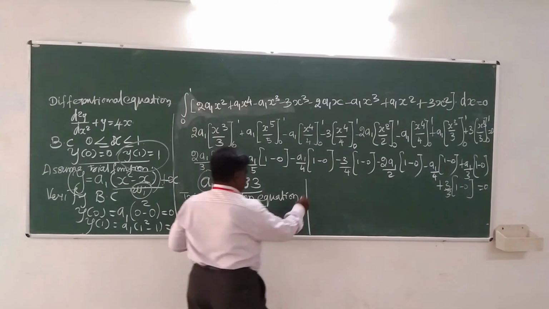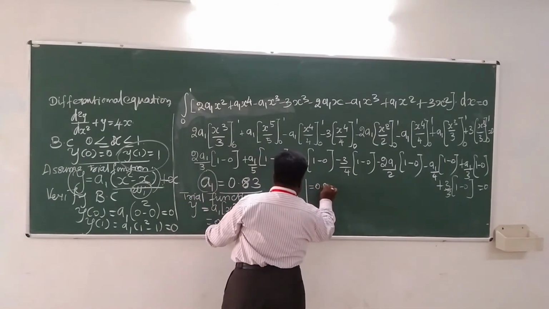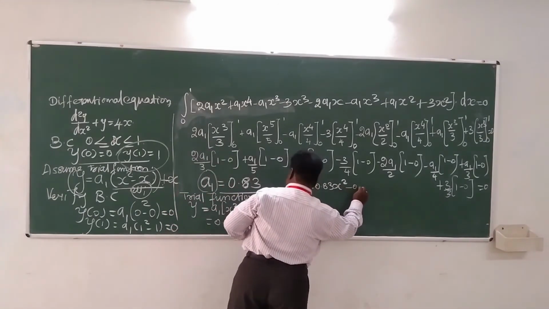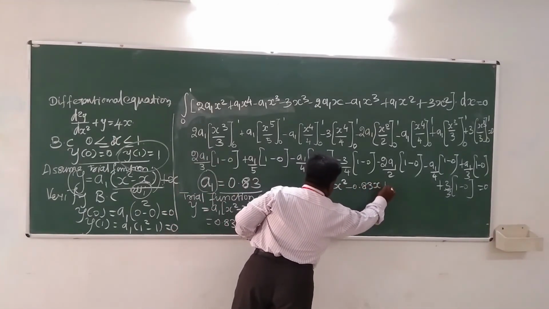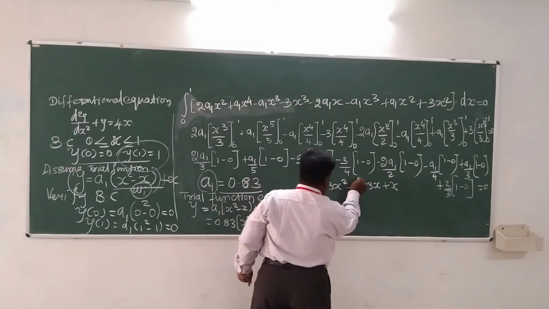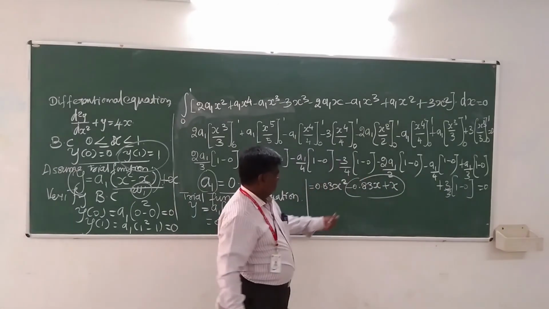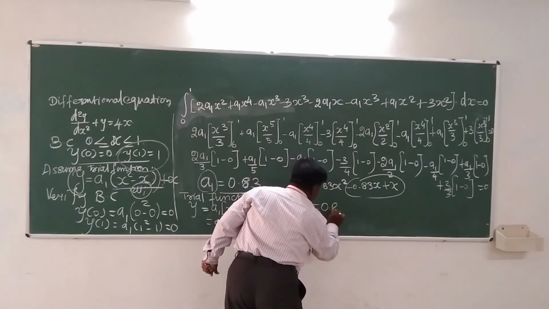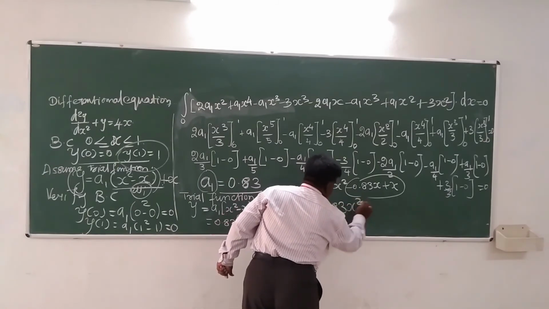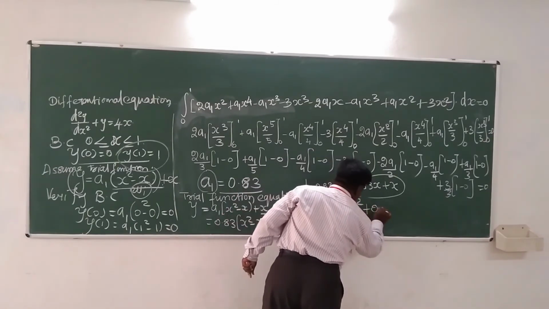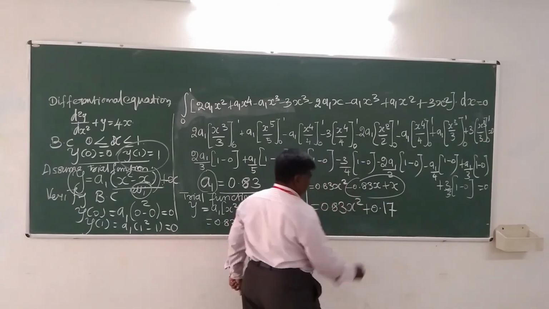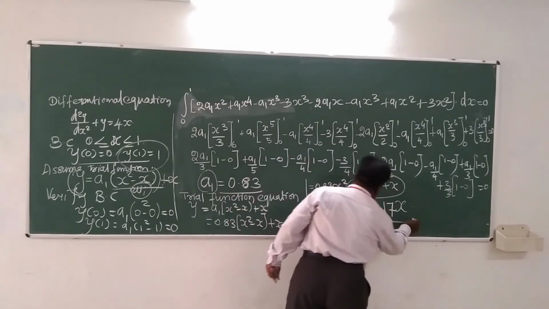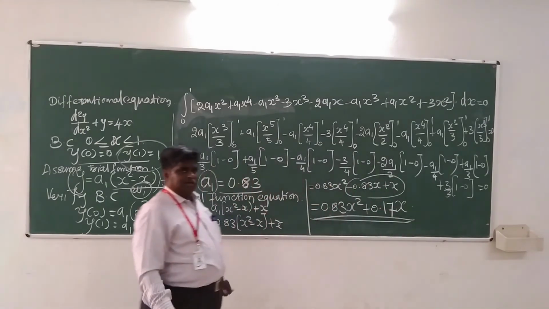Simplify this trial function equation: 0.83 x square minus 0.83 x plus x. Again you can simplify this, 1 minus 0.83. So finally you obtain x square 0.83 plus 0.17 x. This is your final result value based on the Galerkin approach.